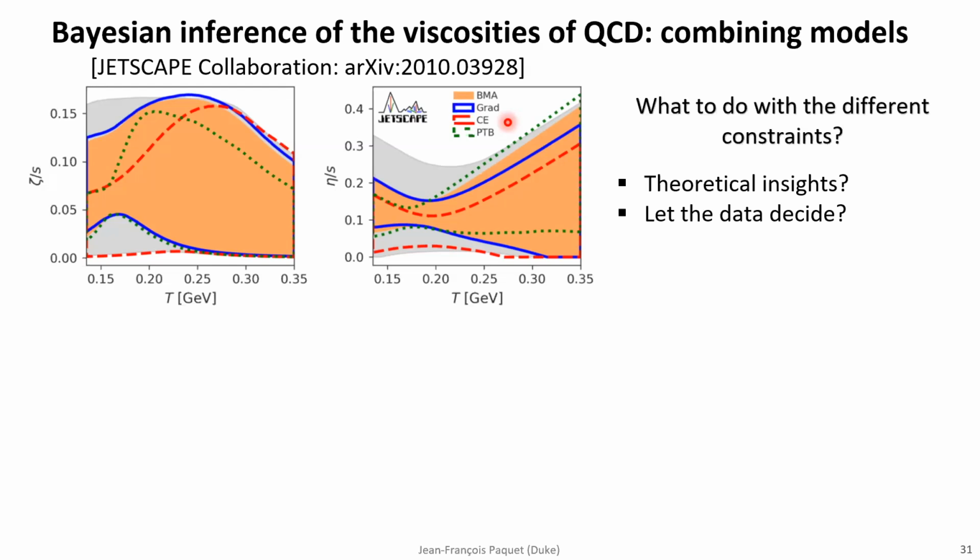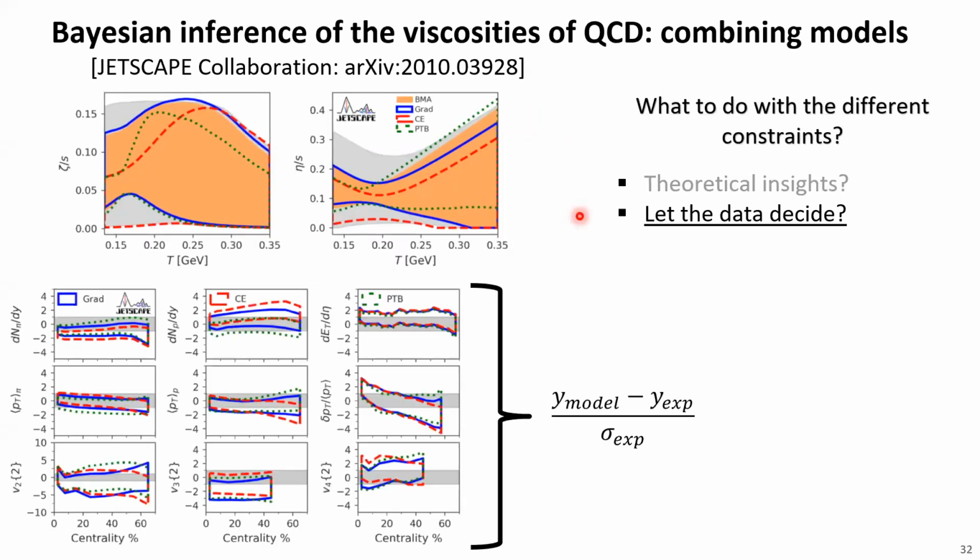So an alternative that we can use is to simply let the data decide. You look at how well these different models can describe the data, and if one does better, you should give more weight to this one. Here I show a summary: how much the model prediction minus the experimental data, over the uncertainty of the data.